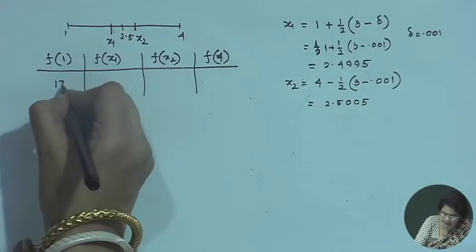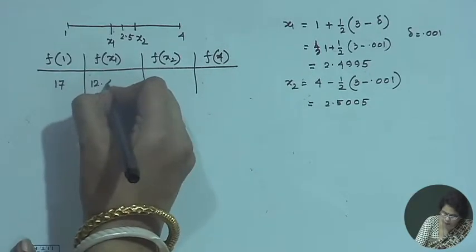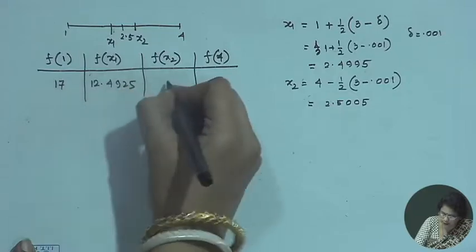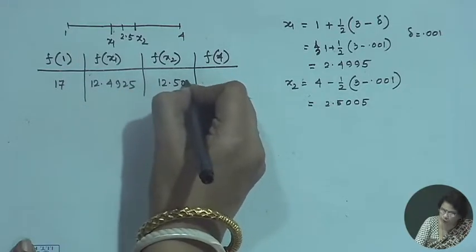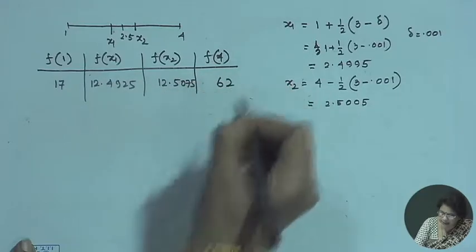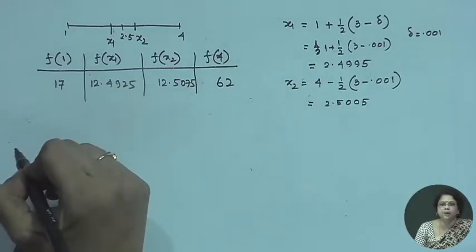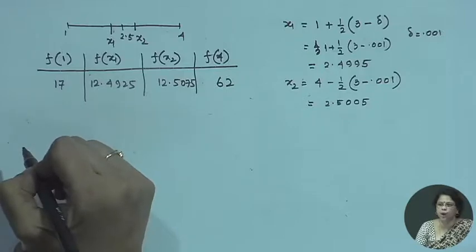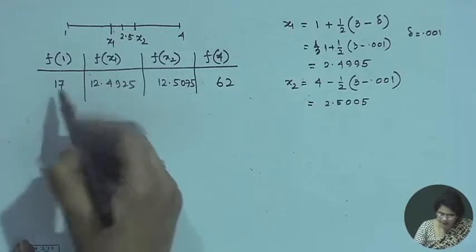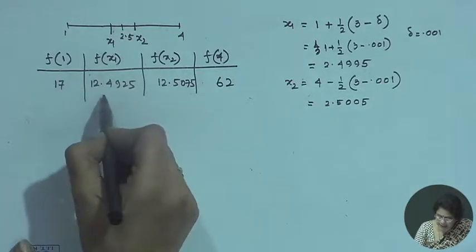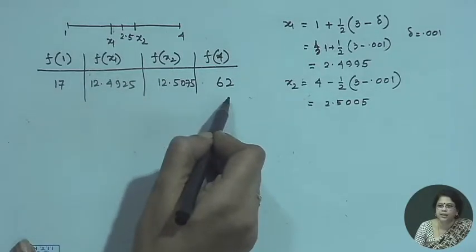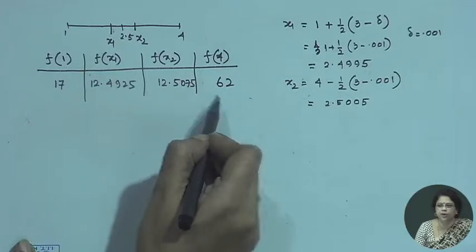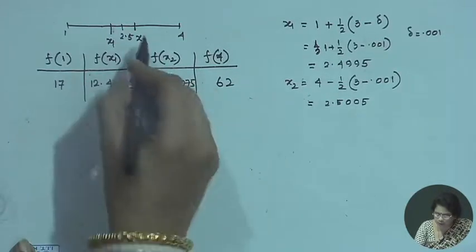The functional values are coming like this. This is 17, this is 12.4925, this is 12.5075 and 62. What pattern are you getting? There is only one minimum within the interval. The value is decreasing and then increasing again from here to here. That is why we are sure that the optimum cannot lie within x2 to 4.